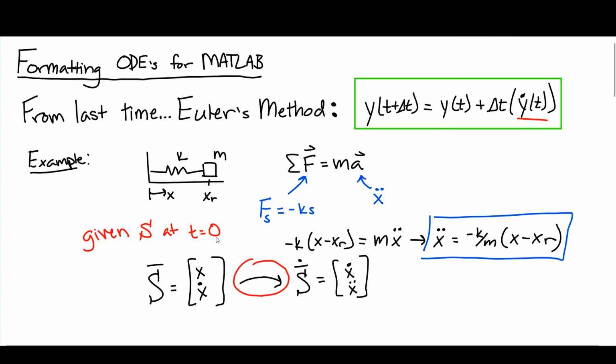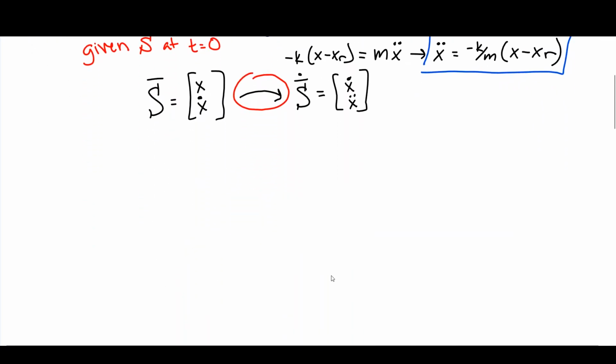So those are kind of our things that we need in MATLAB to use ODE45. We need initial conditions, and we need a means of getting from our state variable vector to the derivative of our state variable vector. So I'm going to start writing this out in terms of indices, very similar to how you do this in MATLAB. And so what I want to do is say, all right, my state variable vector dot index 1.